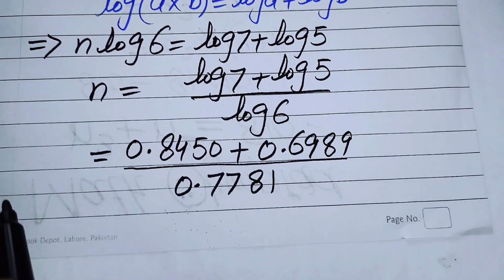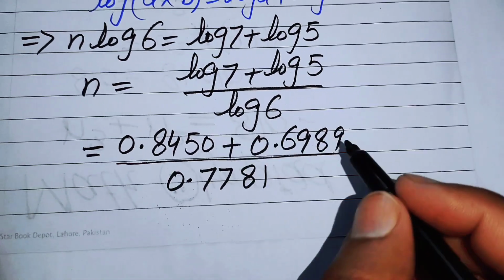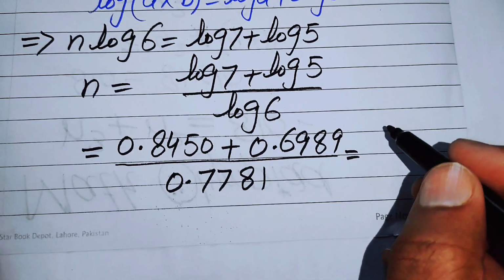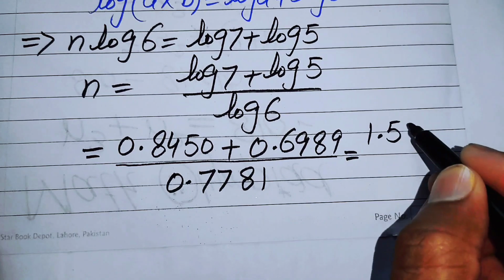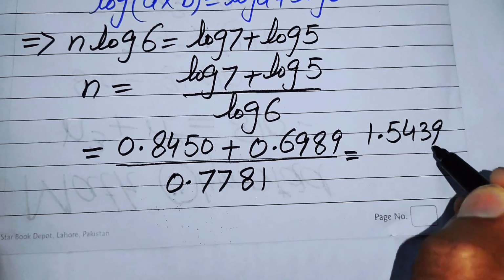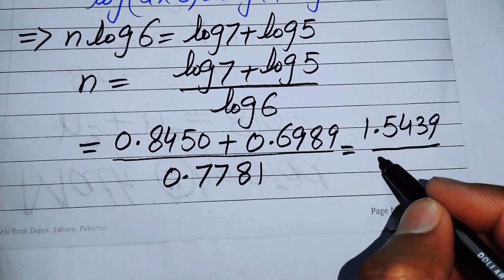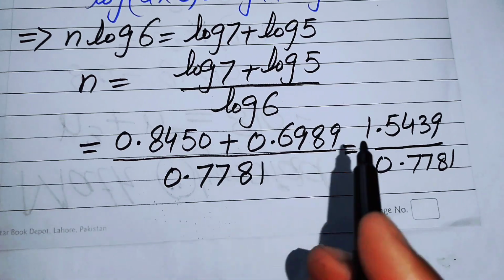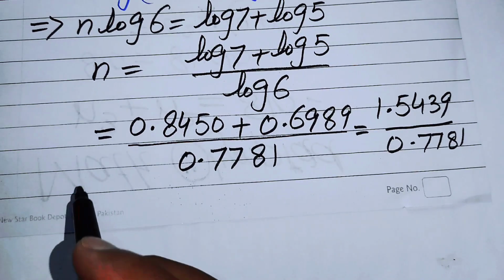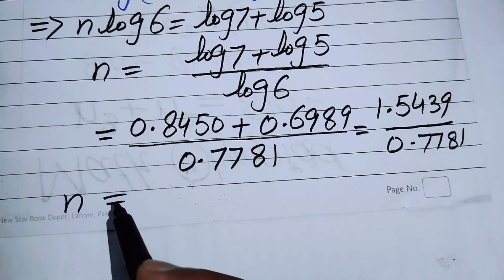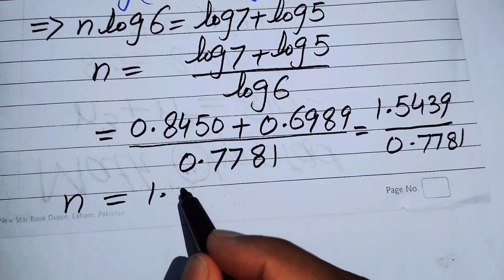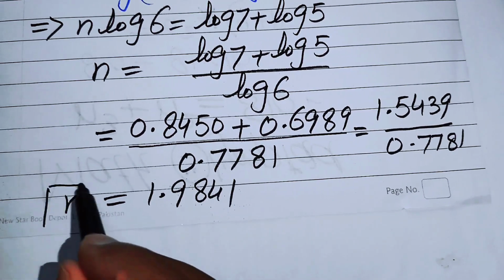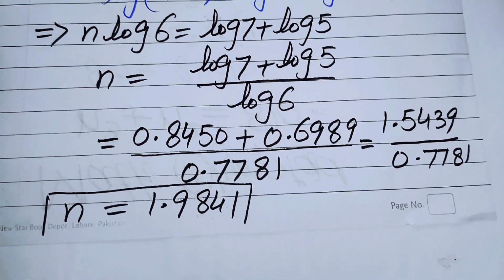Now you can use the calculator to add these values, and you will get 1.5439 over 0.7781. When you divide these two values, you will finally get the value of n as 1.9841.